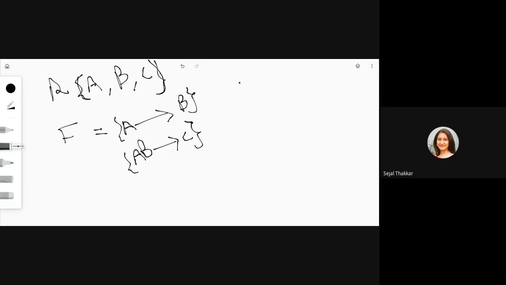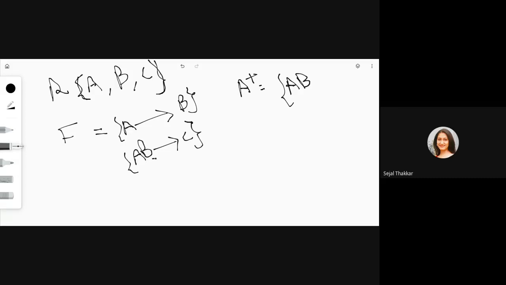Okay. So here we can see that if I take the closure of A, closure of A will be A, B, right?